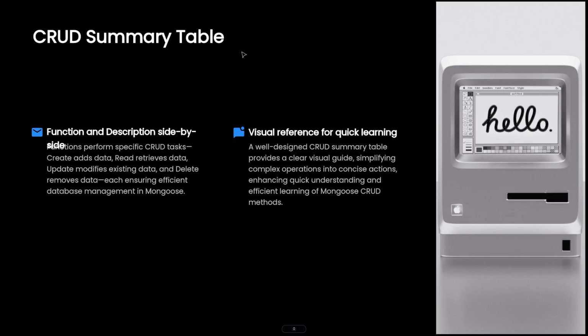Okay, coming to the visual reference for quick learning. That means we can learn by seeing the interface of the CRUD summary table that was explained here in text form. A well-designed CRUD summary table provides a clear visual guide, simplifying complex operations into concise actions, enhancing quick understanding and efficient learning of Mongoose CRUD operations.